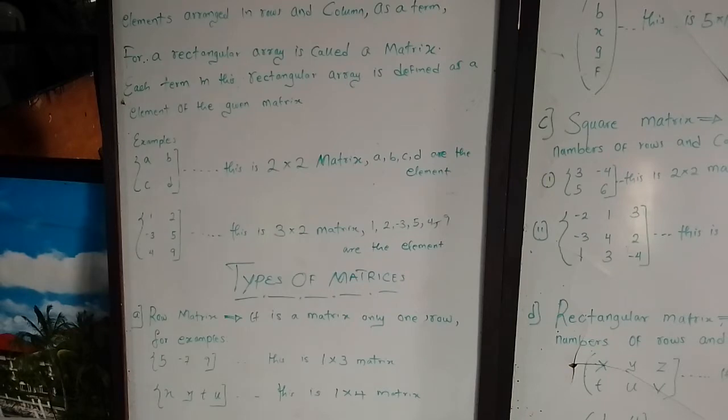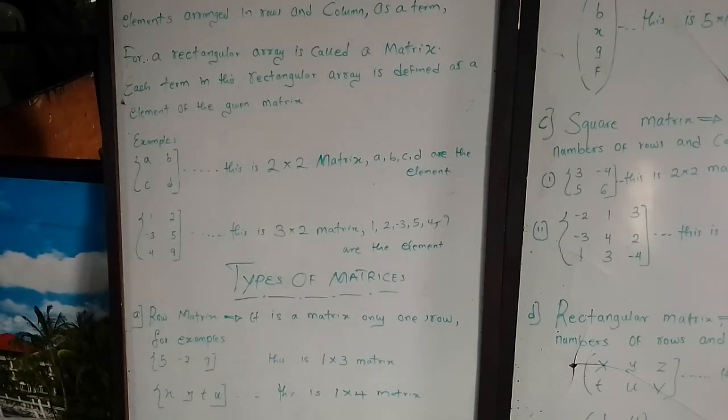It is a matrix with only one row. We have one row which has 5, minus 7, then 9. This is a 1 by 3 matrix.